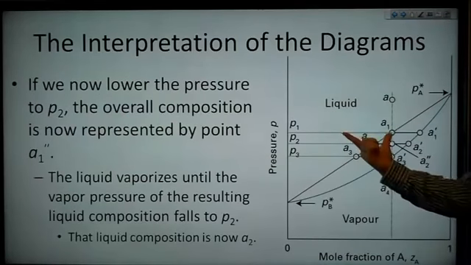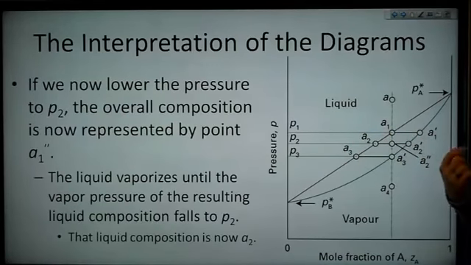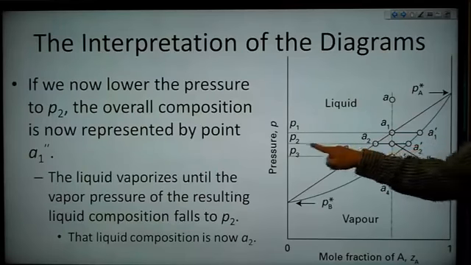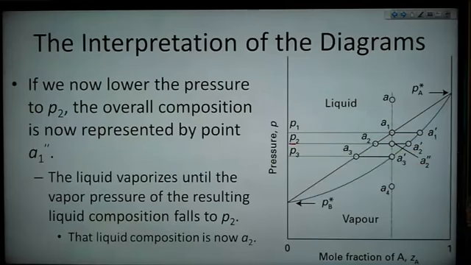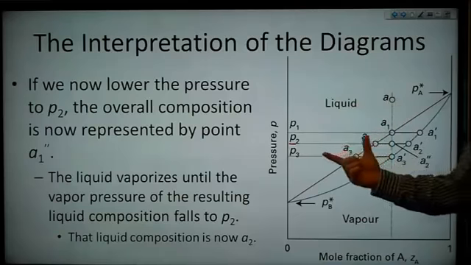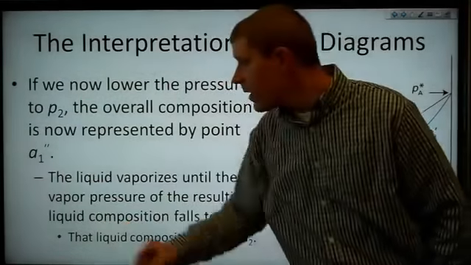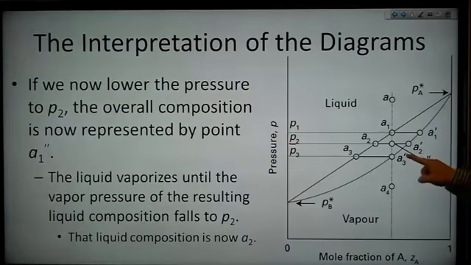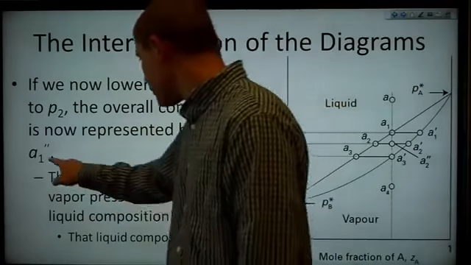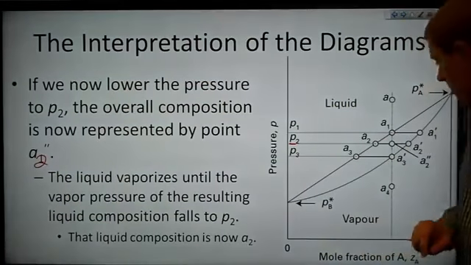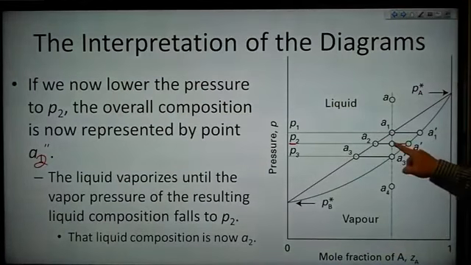But if we lower the pressure a little bit more, now we get to point P2, so that's this pressure here. And now our overall composition is represented by this point, A2 double prime. I said 1 double prime, but that's supposed to be 2 double prime. So that's this point here.